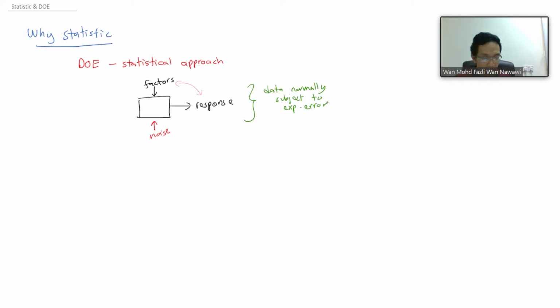In DOE, you often hear the term ANOVA. ANOVA stands for analysis of variance, and variance comes from the variation of the data against the mean.